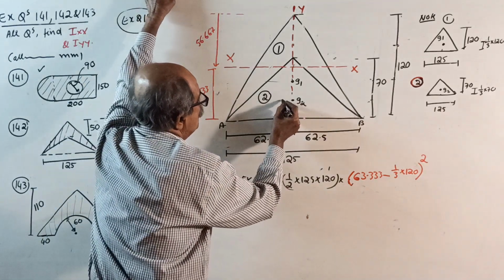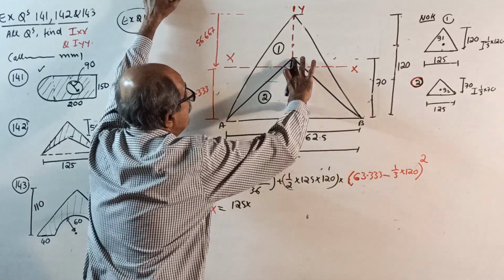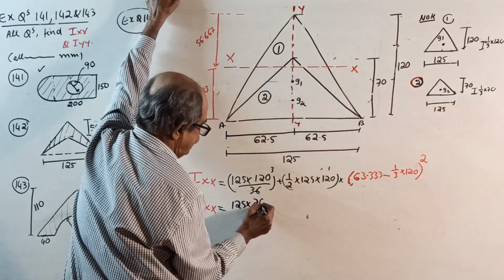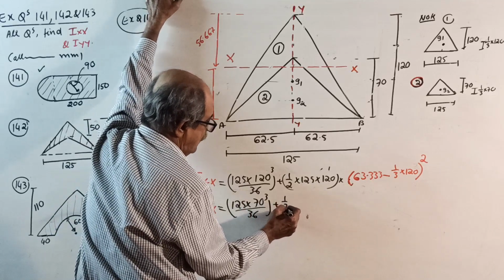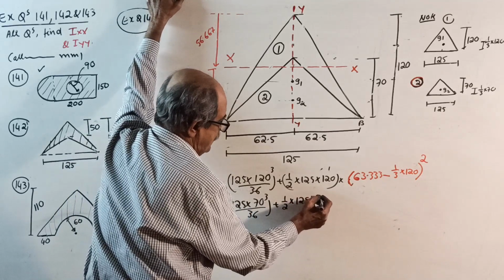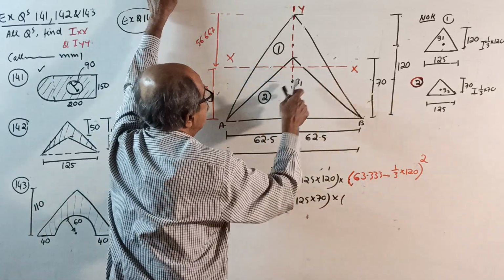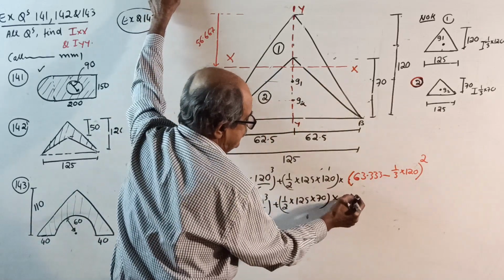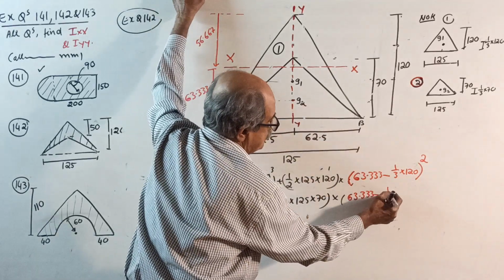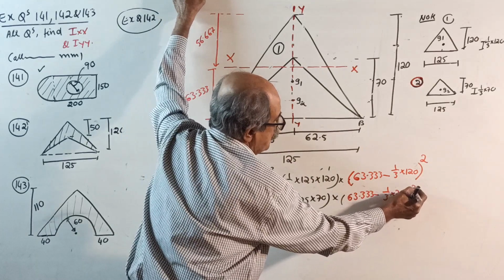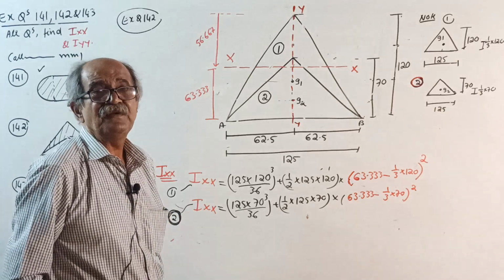First, I about its own center on the axis: base is 125, into only this height for 2, which is 70, cube divided by 36, plus half into 125 into 70, the area, into the distance from centroid G2 to XX squared, which is 63.333 minus 1/3 of 70, whole square. Right, final IXX equals IXX for 1 minus IXX for 2.